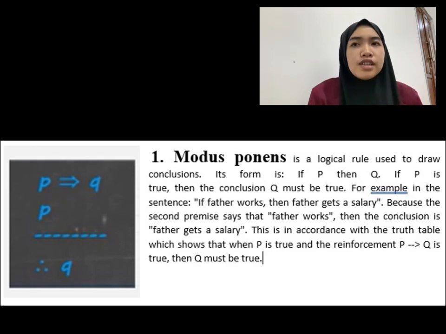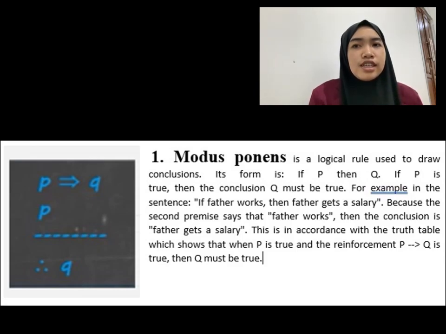For example, in the sentence, if father works, the father gets a salary, because the second premise states father works. Then the conclusion is that father gets a salary.